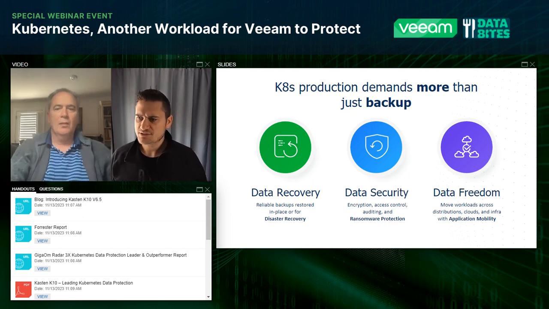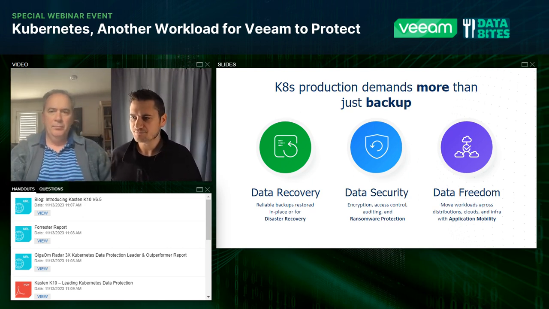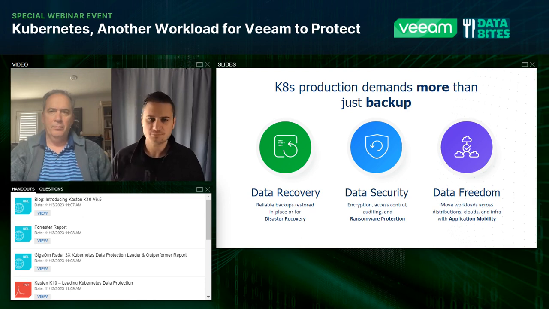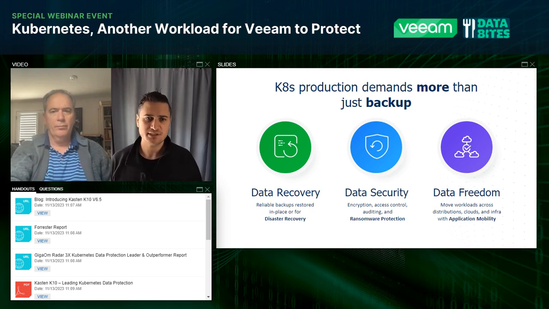And the last point is data freedom, right? Making sure that we can move workloads among different clouds, that hybrid multi-cloud journey. With multi-cloud, we're looking at potentially different public cloud providers, or maybe a managed service provider. With hybrid cloud, we're looking maybe at on-prem, a public cloud, or the edge.